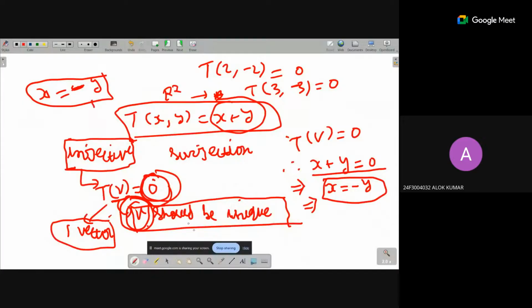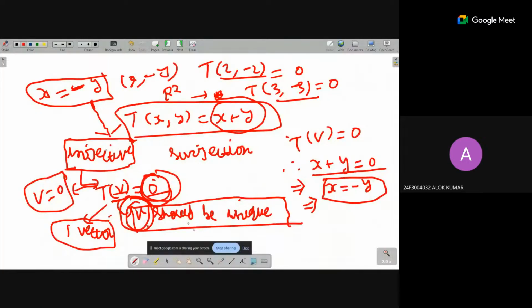So this doesn't satisfy the injective condition. What I said earlier is that if the function has to be injective, then if T(v) is equal to 0, v must also be equal to 0. But here 2 comma minus 2 brings 0, 3 comma minus 3 also gives 0, and any pair x comma minus x will give 0.